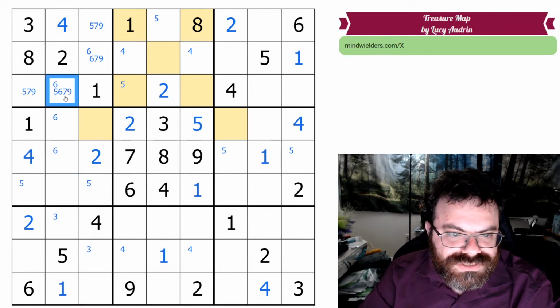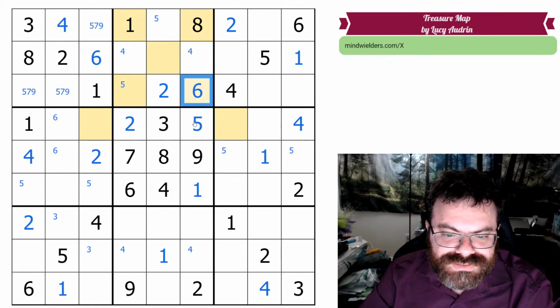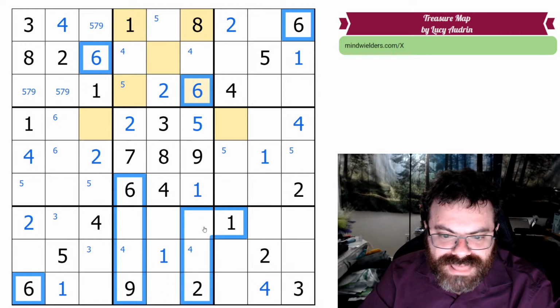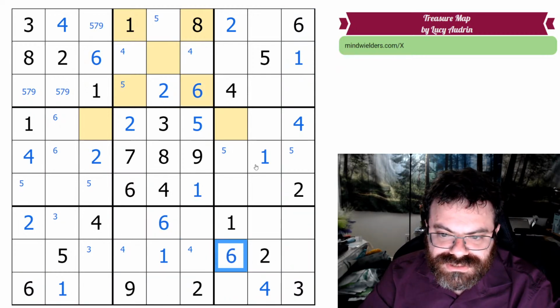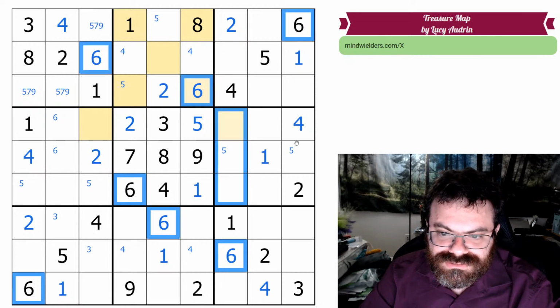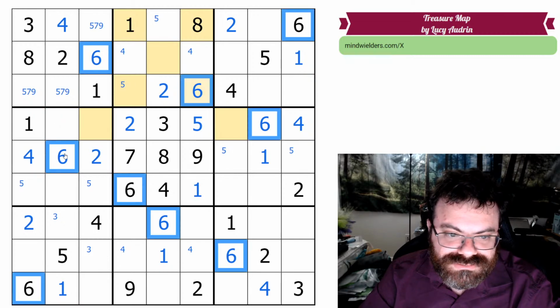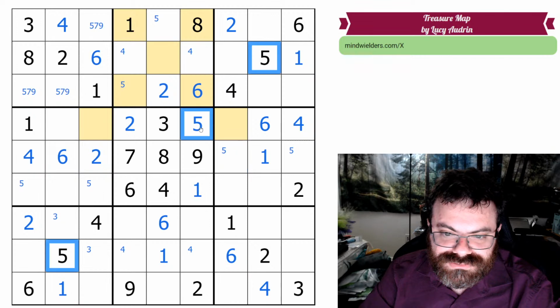Ah, 6 goes in one of these two, which means it can't be here, so this is a 6. That places this 6. That puts it here. Puts it here. And here, and here. We're done with the 6s.